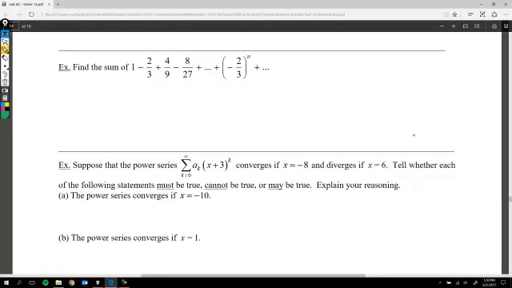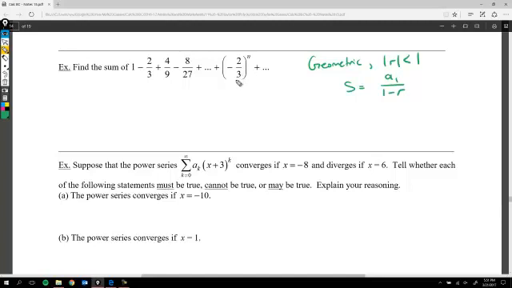All right, let's do another one. This one is just geometric. Now it's alternating, but it's also geometric. All right, so I'm going to treat this like a geometric series. I just need my absolute value of r to be less than 1. And if that's true, then my sum is equal to my first term divided by 1 minus my common ratio. Well, I see that my common ratio is negative 2/3.